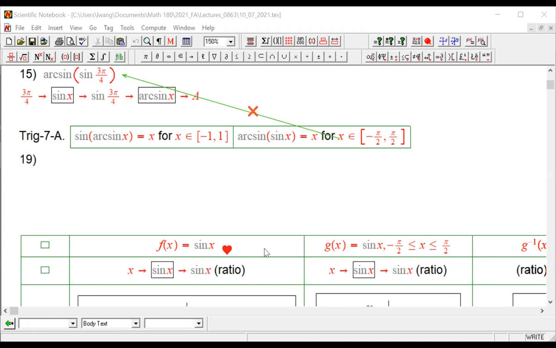But fortunately, remember that range statement about sine? Sine, no matter what, for any real number, gives a ratio that is always between -1 and 1, which is perfectly in the domain of ArcSine. Do you guys hear me? Yes.